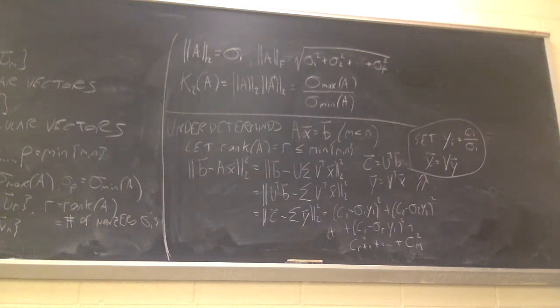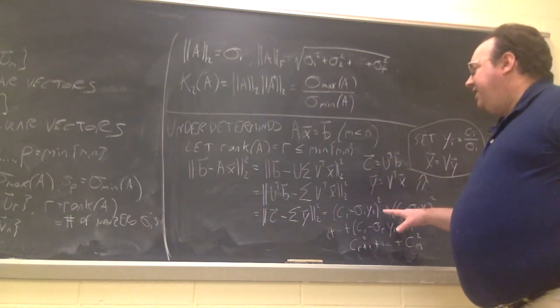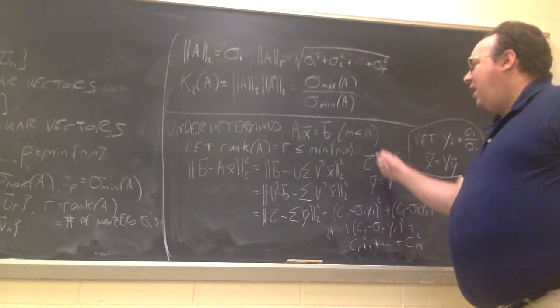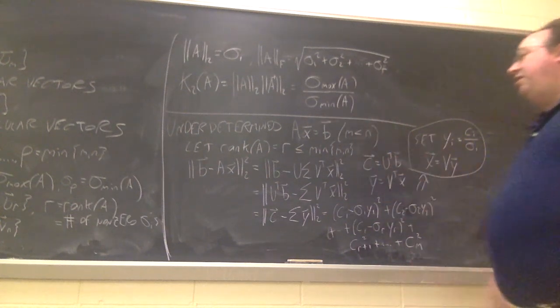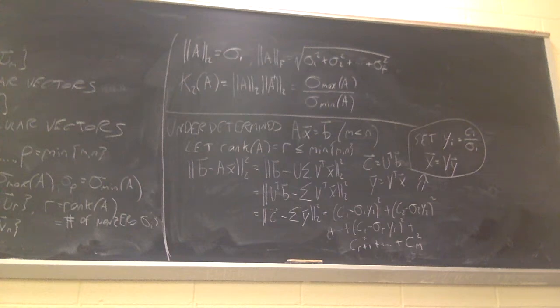Okay. Now, I want to relate this to what I've done here, which does not require these assumptions of being underdetermined. It works regardless of the relationship between m and n and r.